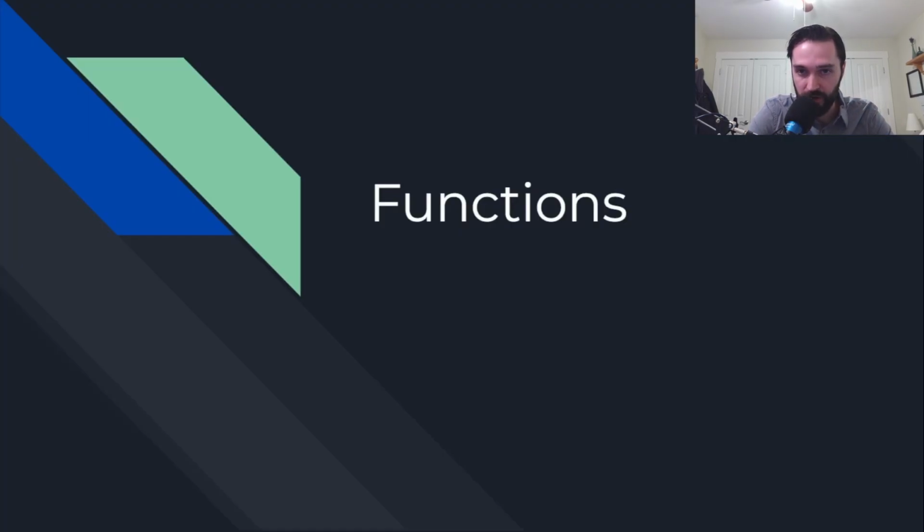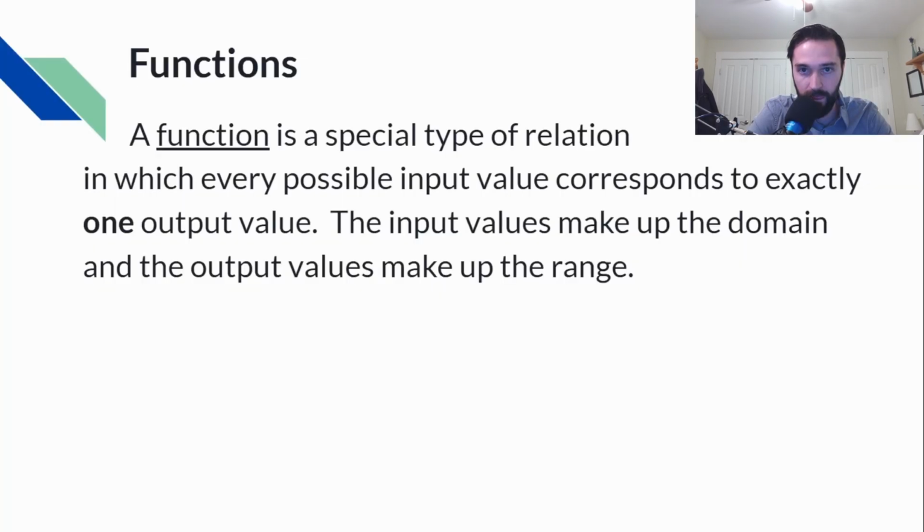So now let's talk about functions. Functions are a special type of relation. A function is a special type of relation in which every possible input value corresponds to exactly one output value. The input values make up the domain, and the output values make up the range.